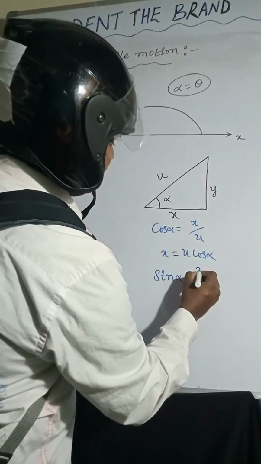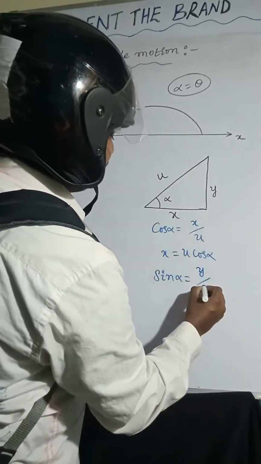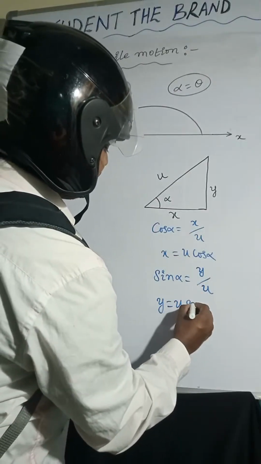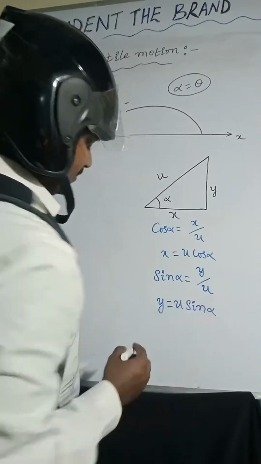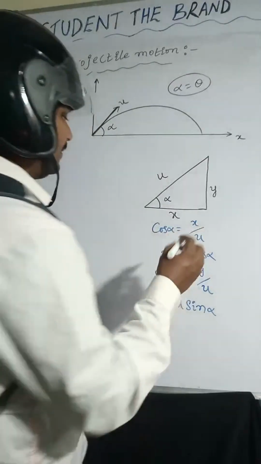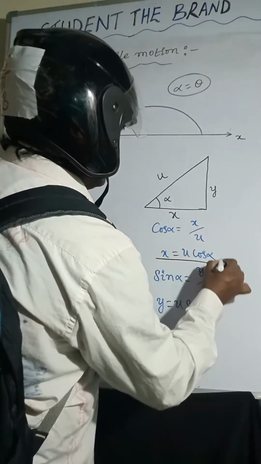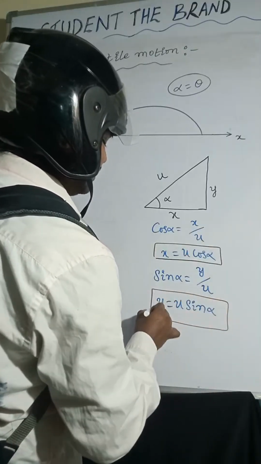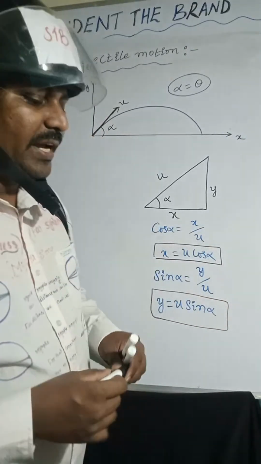Opposite side is y and the hypotenuse is u, and y equal to u sine alpha. So x equal to u cos alpha and y equal to u sine alpha, right?